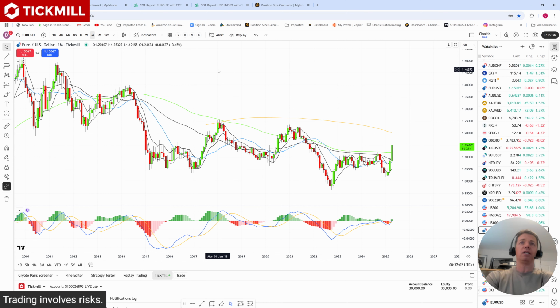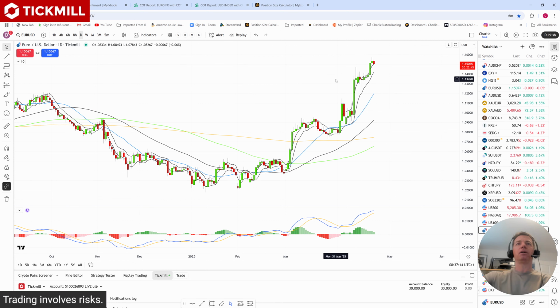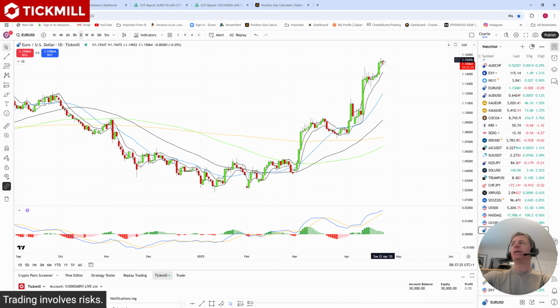It depends on how it looks, but if it looks good, then that might be enough to give them some sort of pullback. So I'm looking out for that at some point, a retracement, but all paths lead to higher currencies until proven otherwise. So I would like to be on this account now long the euro dollar at some point.